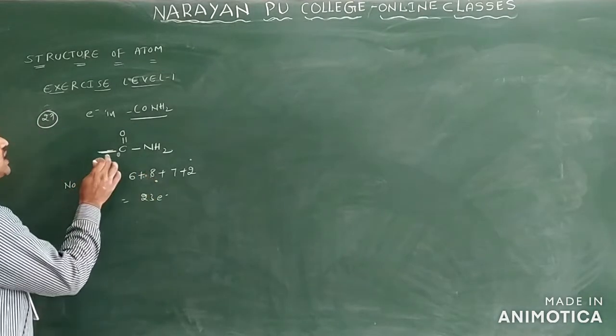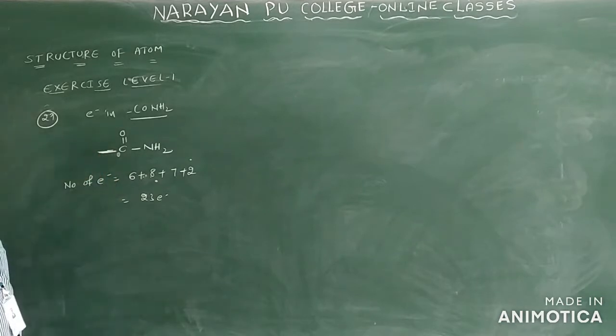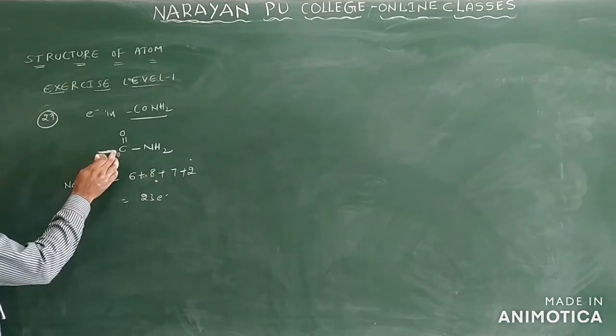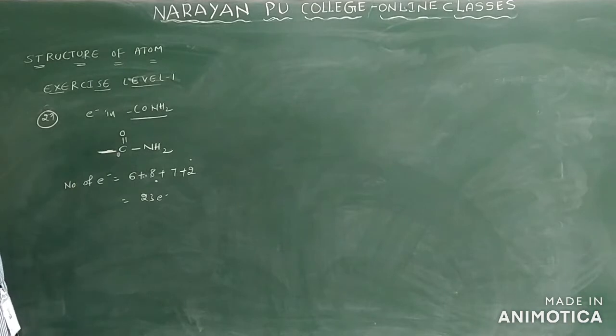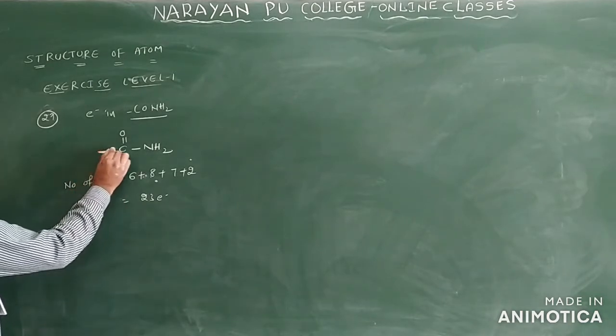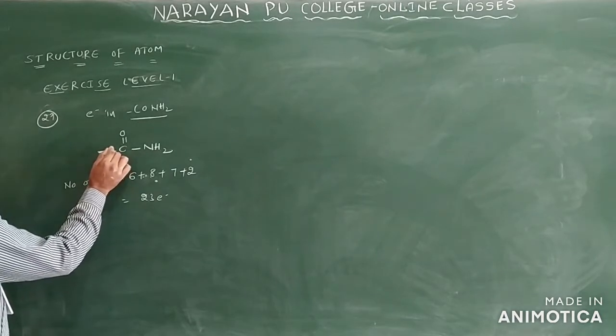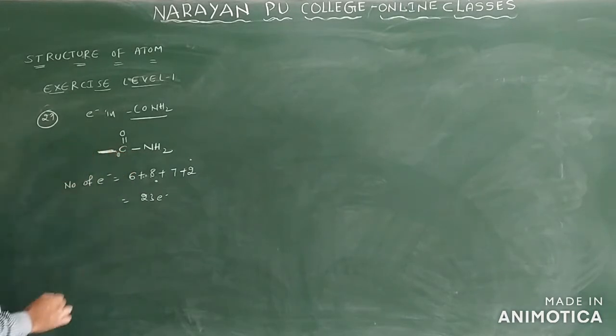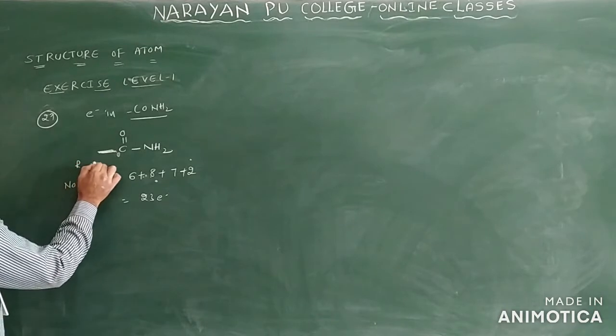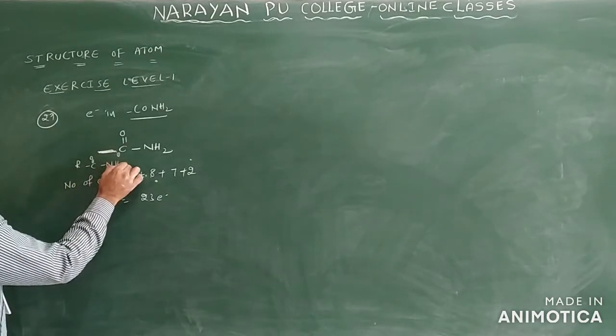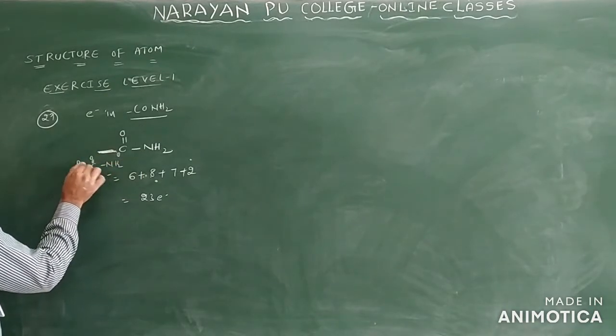But you can see this carbon is bonded to another atom. The carbon is sharing an electron with the other atom, so here we have 1 electron extra, because of the bond formed by sharing of this carbon with another atom. Suppose the compound is like this, CONH2, and the electron pair is shared by carbon and the alkyl group.